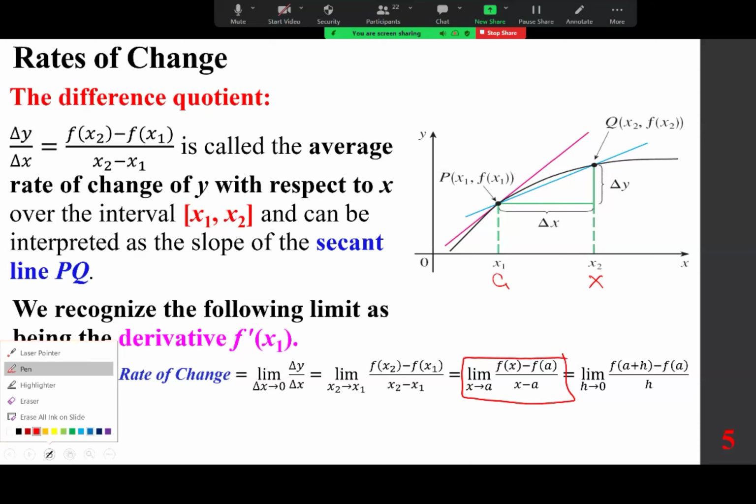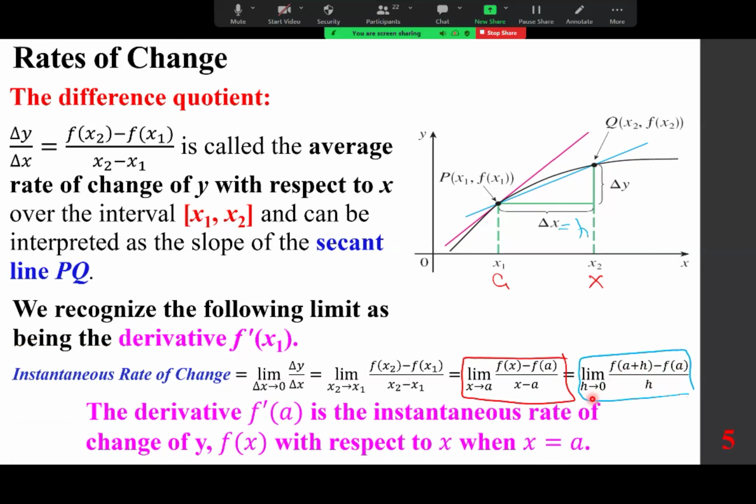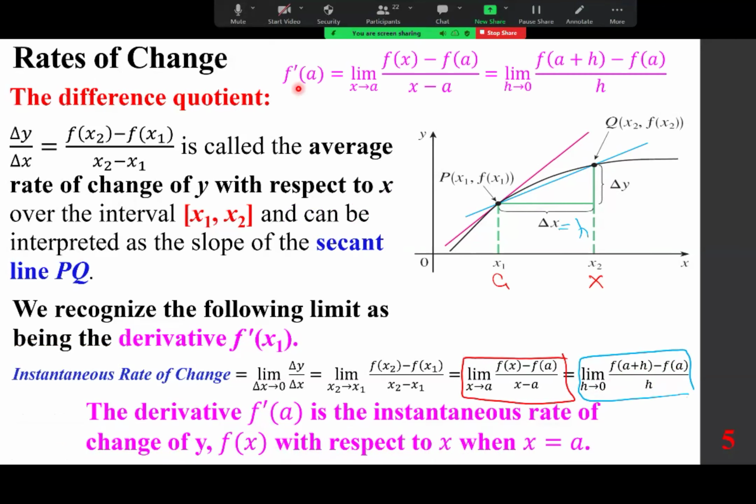If we say instead of delta x, it's h, then we go to this definition: the limit of f of a plus h minus f of a over h as h approaches 0. So the derivative f prime of a is the instantaneous rate of change of y, or f of x, with respect to x when x is a. And so we have f prime of a in two different formats that have been discussed.